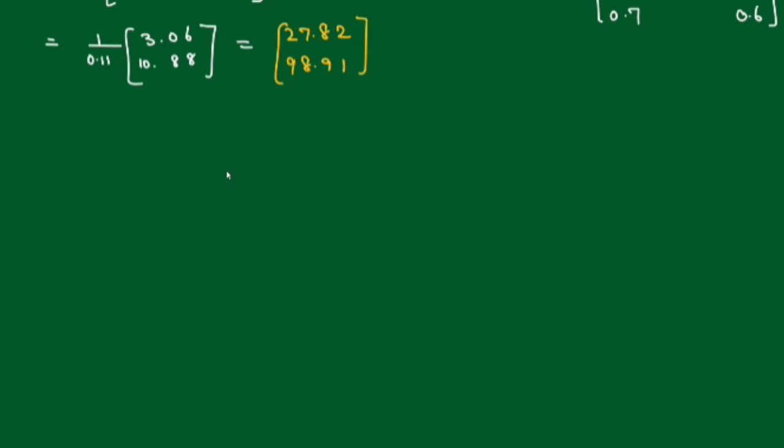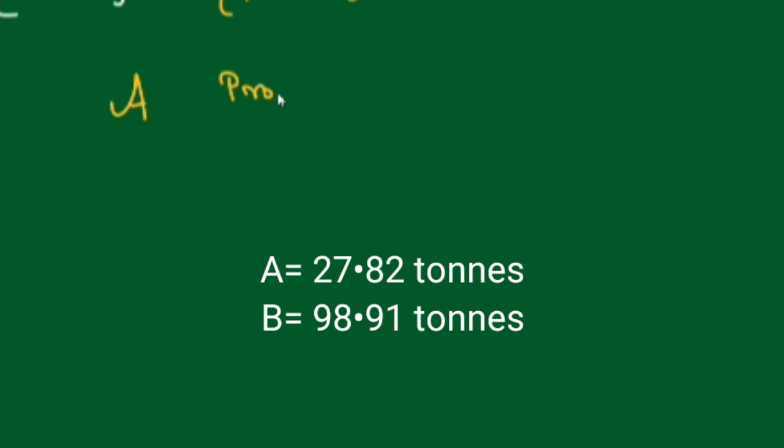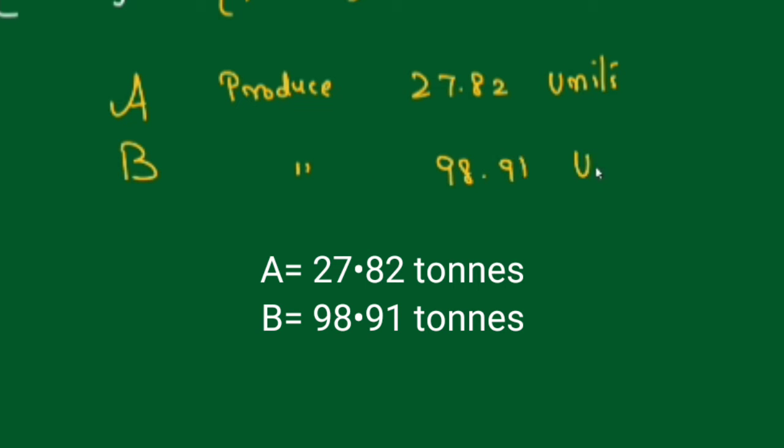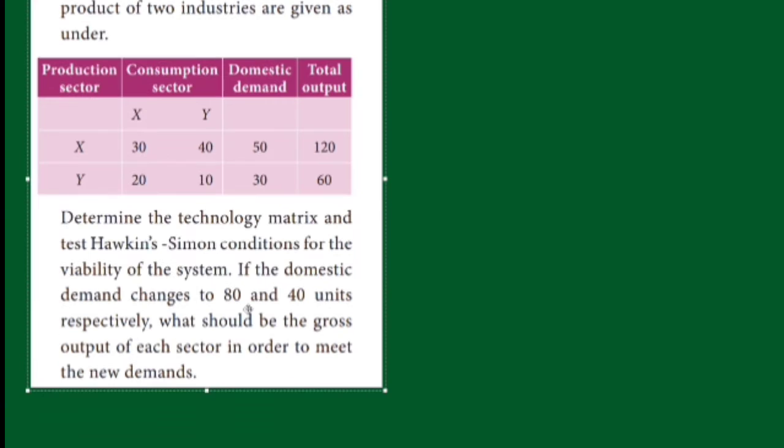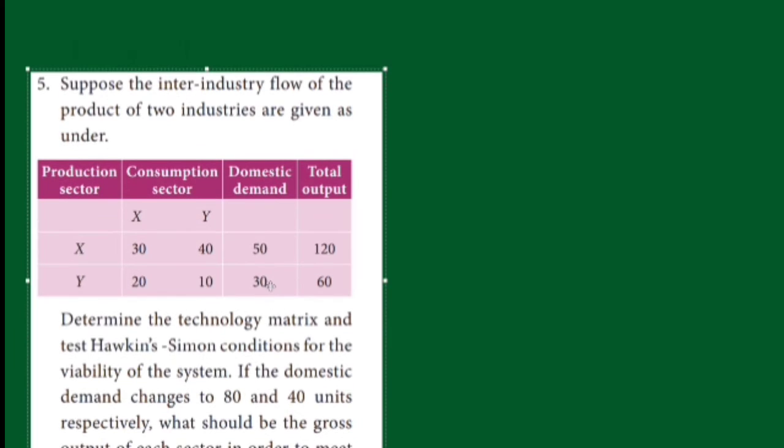To meet the demand outside, apart from what they are producing, A should produce how many units? 27.82 units, and B should produce 98.91 units.